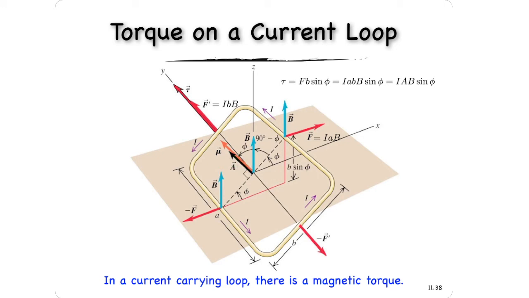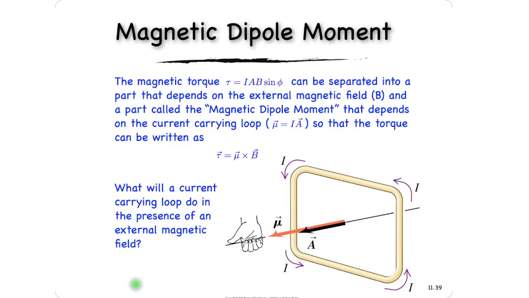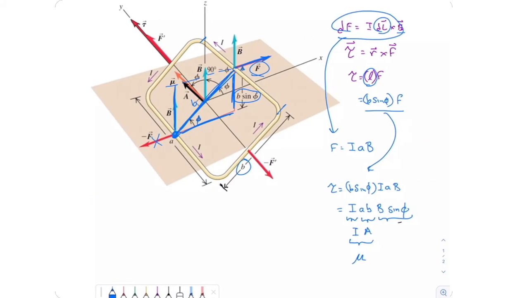So the reason we do this is it simplifies a lot of the equations that we have for the torque on a loop or the potential energy of a rotated loop in a magnetic field. So what we can say is that the magnetic torque that the loop feels is IAB sine phi. We had that right here.